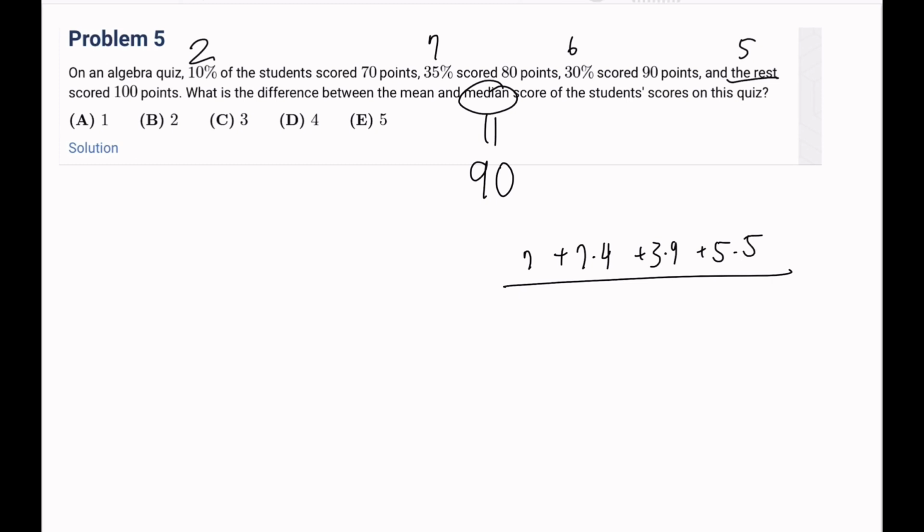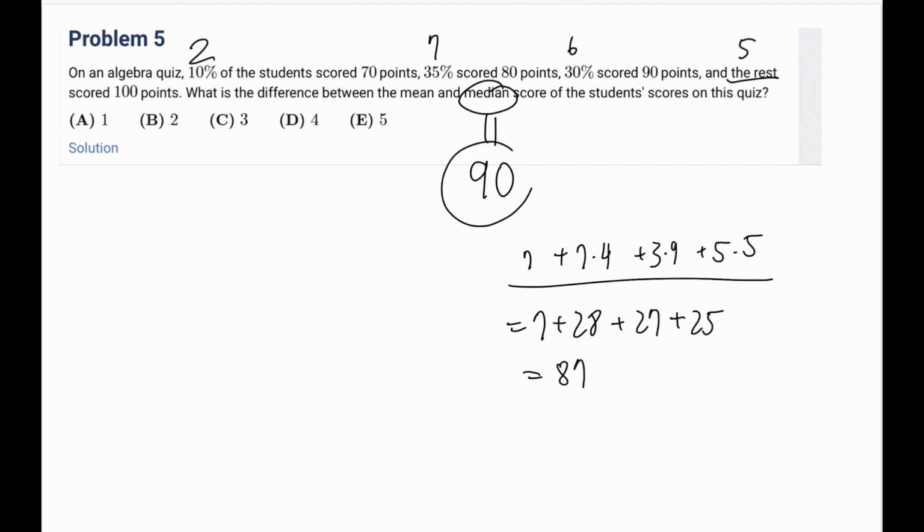And so we don't need this anymore, and so this equals 7 plus 28 plus 3 times 9 is 27, plus 5 times 5, 25. This is 88. And so, no, sorry, not 88. It's 87, right? And so 90 and 87, the difference between that is 3 points, so the answer is 3. It's C.